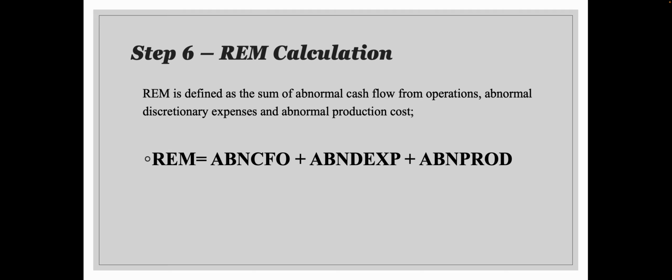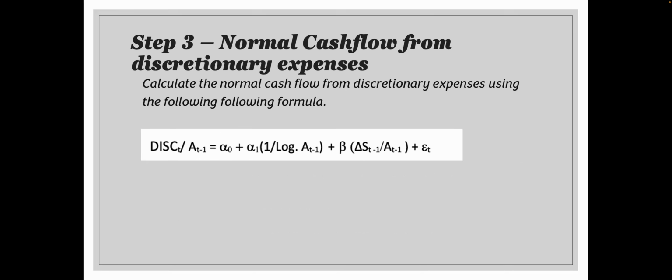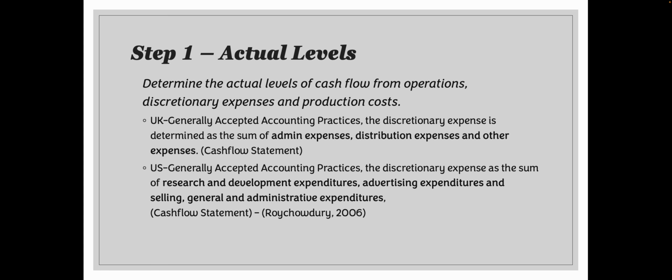So this is the simplest way to calculate real earnings management. The only question is that you have to be aware whether the sample set you are using follows UK generally accepted accounting practices or US generally accepted accounting practices. Make sure, because I have taken a screenshot here.